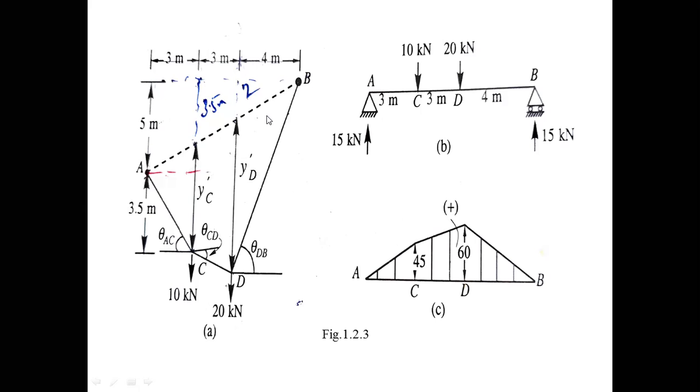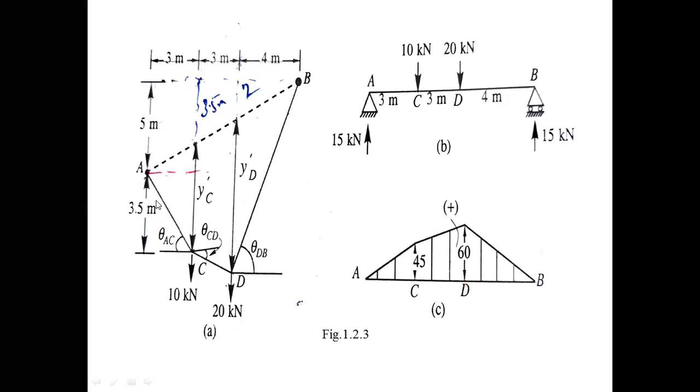Also given: the horizontal distance from A to C is 3 meters, C to D is 3 meters, and D to B is 4 meters. This is also given in the problem.